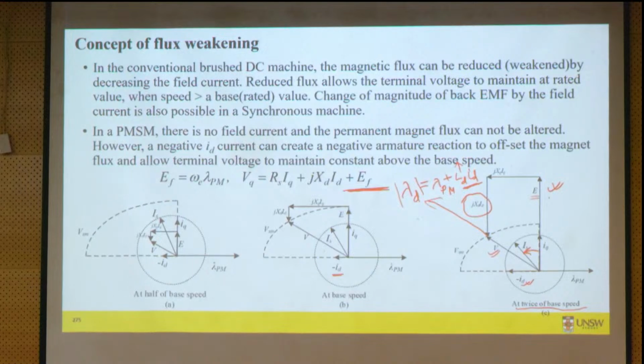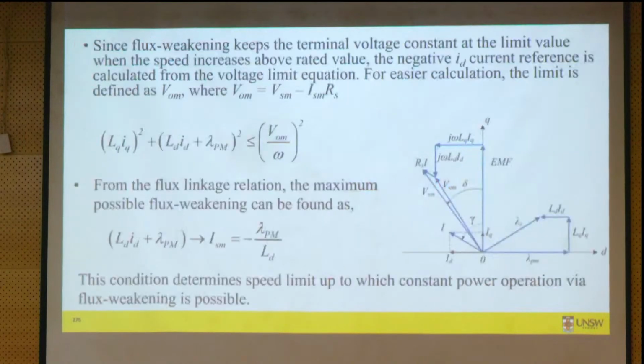So the gamma angle is no longer at the MTPA gamma angle. It will start to increase, and so we will need to calculate what ID current we need for flux weakening. And this again can be done from the voltage equation here, and this ID can be calculated.